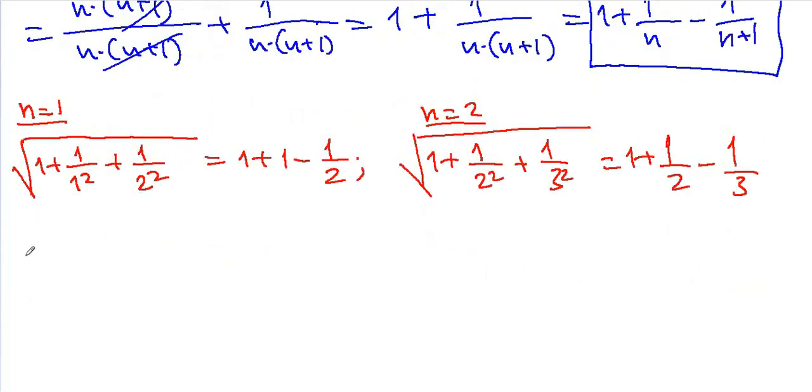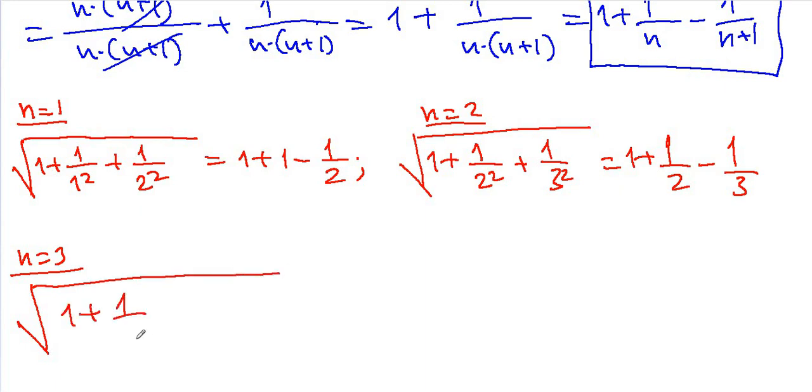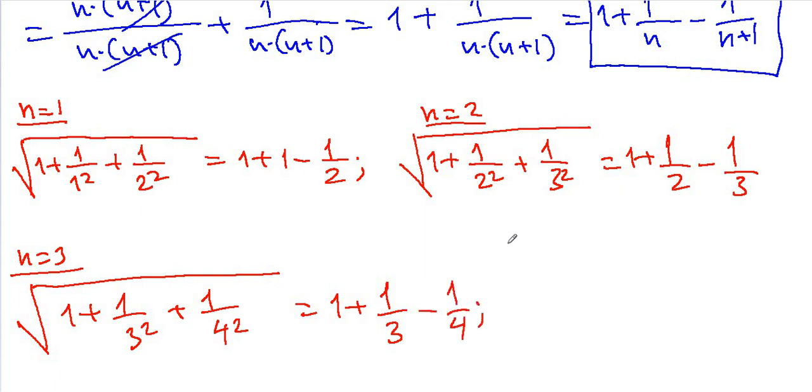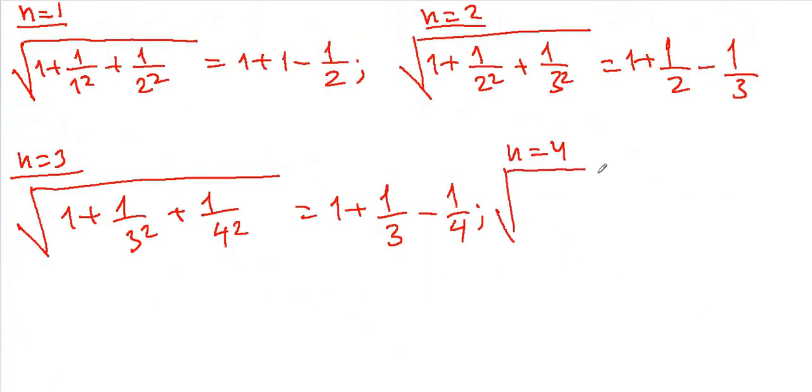And if n is equal to 3, then square root of 1 plus 1 over 3 square plus 1 over 4 square is equal to 1 plus 1 over 3 minus 1 over 4. And if n is equal to 4, then we see that 1 plus 1 over 4 square plus 1 over 5 square is equal to 1 plus 1 over 4 minus 1 over 5.